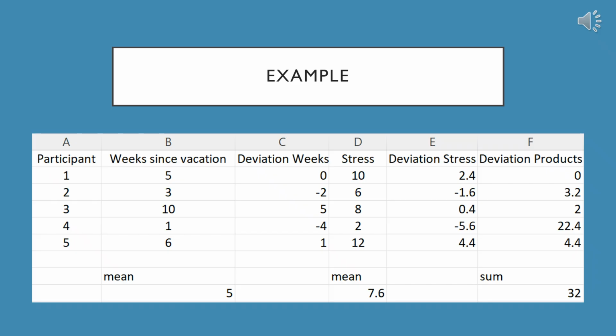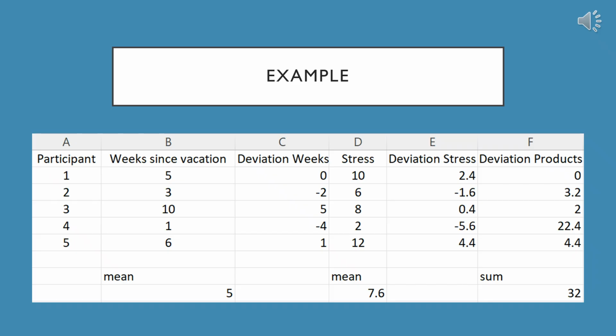For the first participant, I would have multiplied their deviation of weeks, 0, times their deviation for stress, 2.4, and that would give the deviation product of 0. Participant 2, you take the deviation score for weeks, -2, multiplied by the deviation for stress, -1.6. -2 times -1.6 is 3.2. And you keep going down the list.